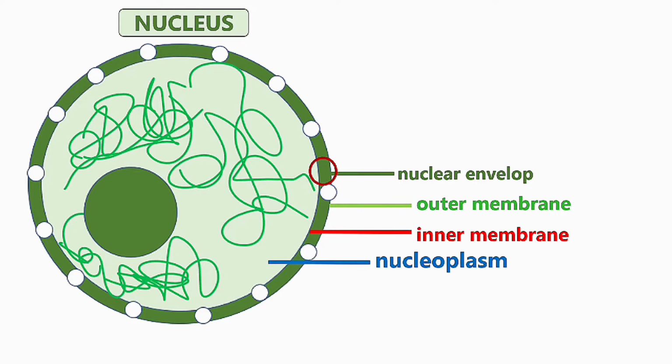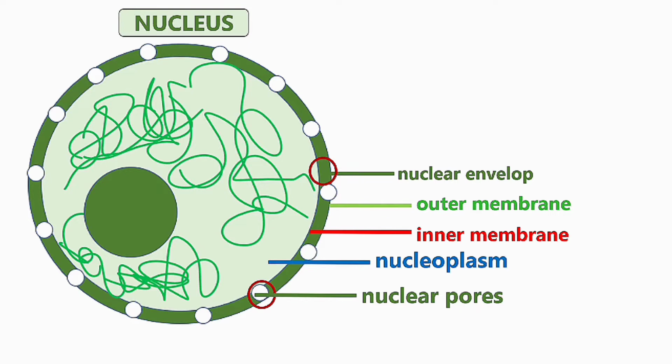The outer and inner membranes are continuous at certain points, resulting in the formation of pores known as nuclear pores. As you can see in the picture, this encircled area represents nuclear pores. These nuclear pores control the exchange of materials between the nucleus and the cytoplasm.